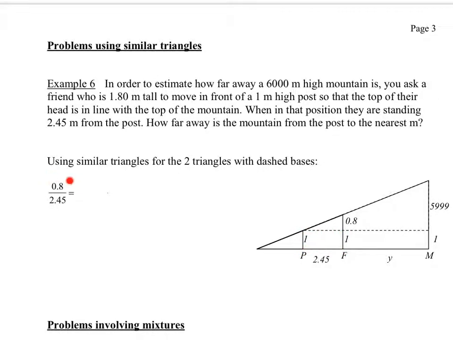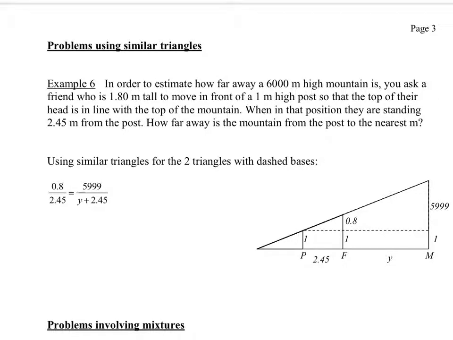That's where this 0.8 divided by 2.45 comes from. That should be equal to this side divided by this side of the big triangle. Right? The small triangle's this side divided by this side should be the same as this divided by this.